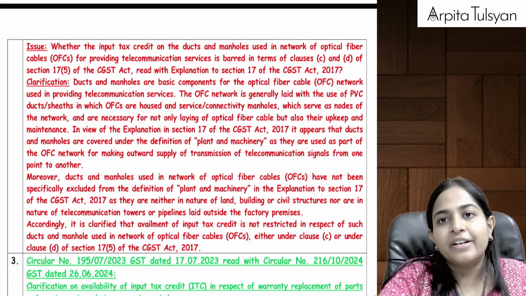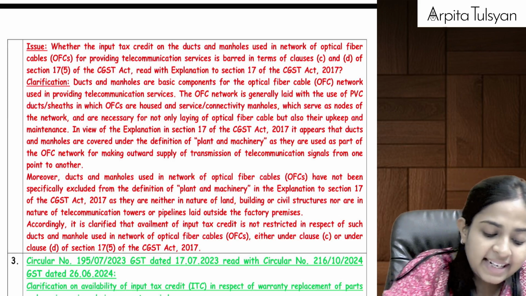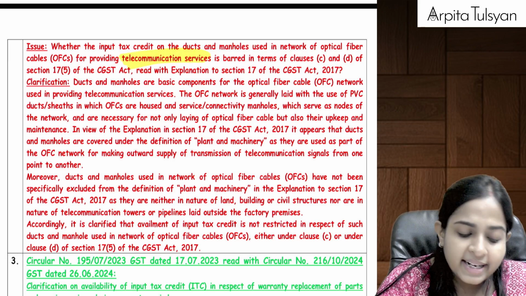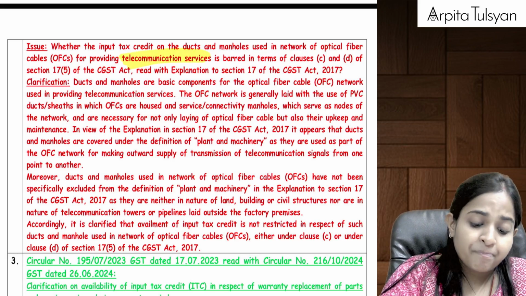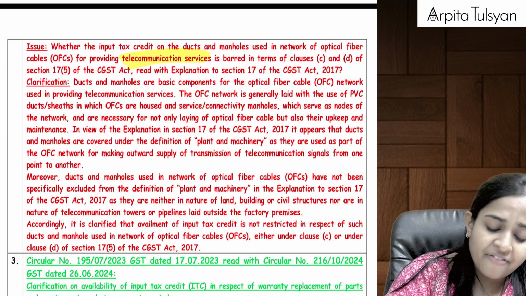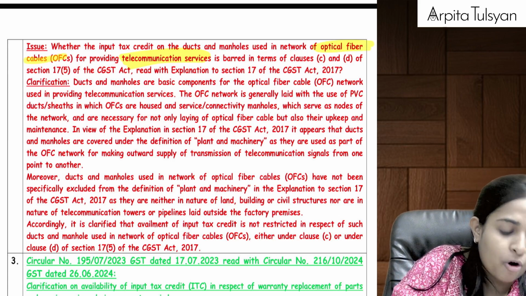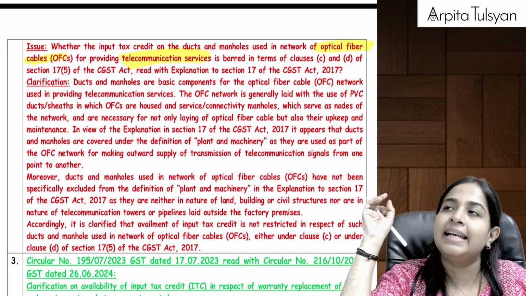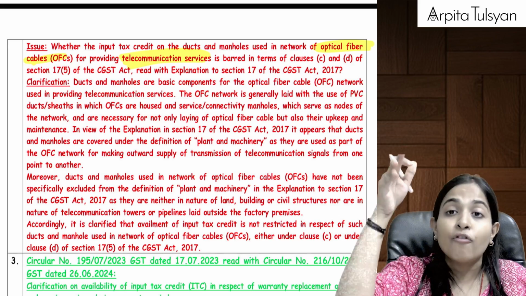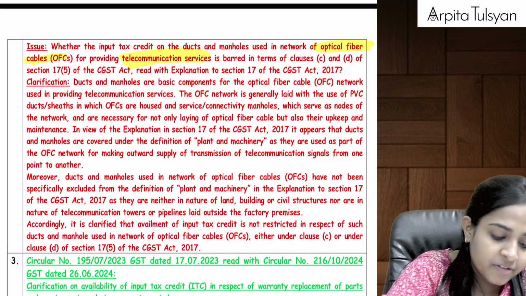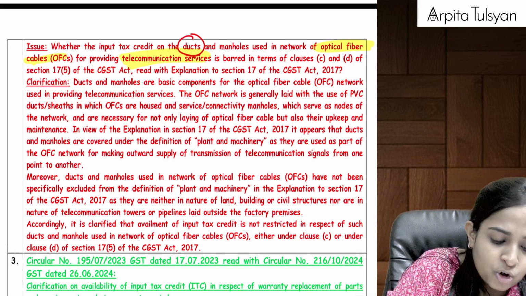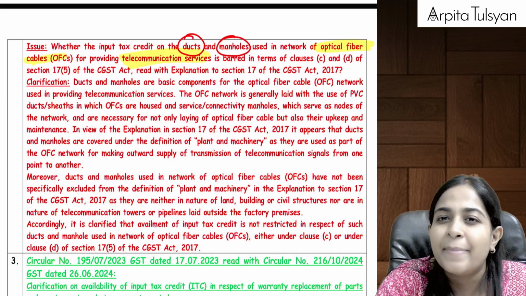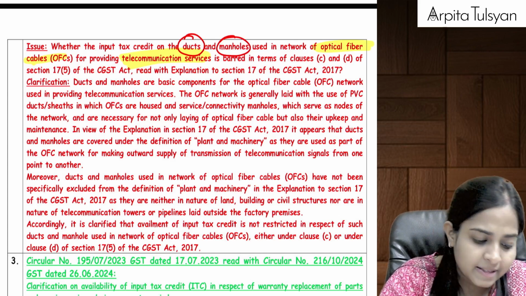Now whenever the companies are providing telecommunication services, and when they are laying these optical fiber cables, etc., in the ground, for providing you the telecommunication services, at that time they need to make some ducts and they need to make some manholes. These are basic necessity as per their business requirement.